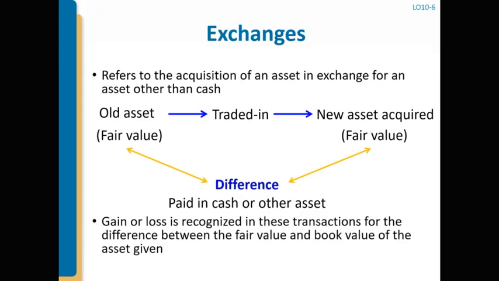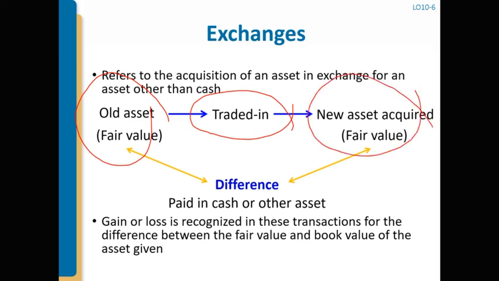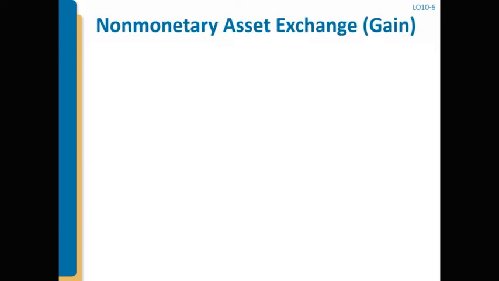Okay, exchange. Now think about the exchange of old assets and trade-in. We know that this happens in the real world. So if you have one old iPhone, you can exchange it for a newer one, and you will pay the difference between the older one's price and the newer one's price.